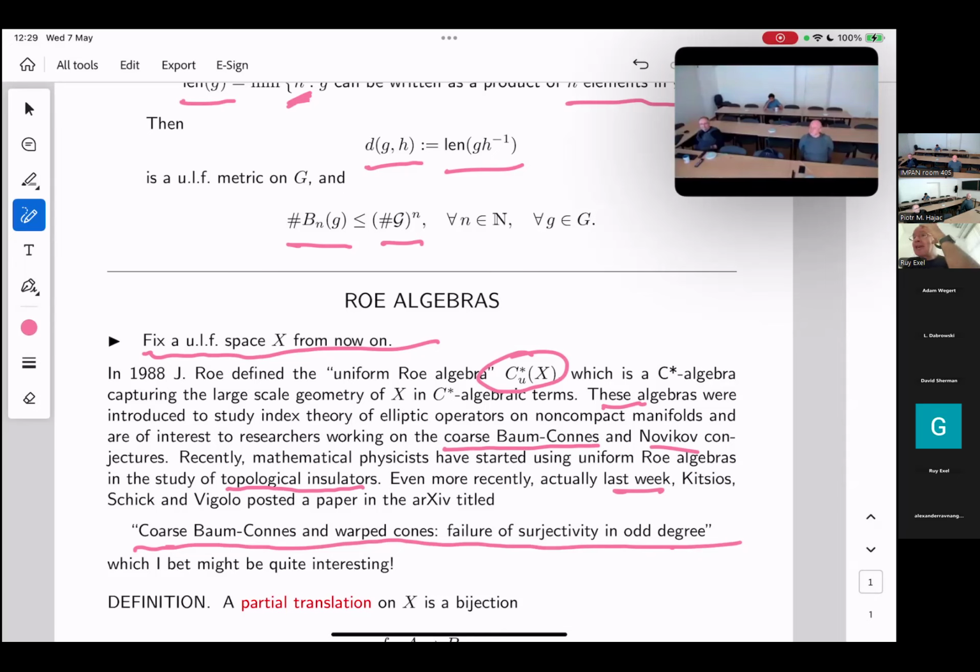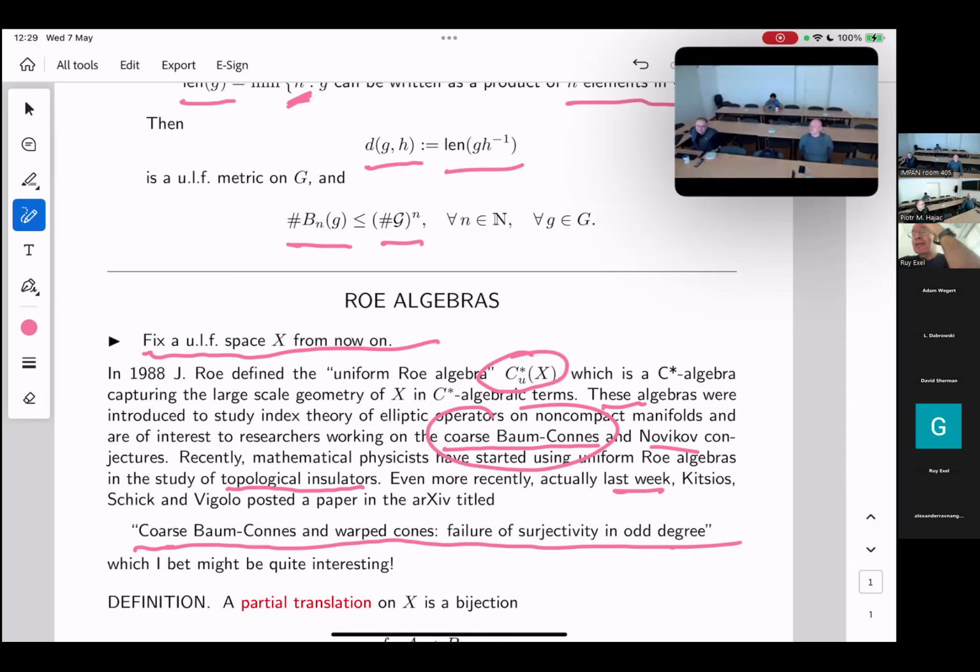I haven't really dived into this paper, but I suppose it might be very interesting in relation to the Baum-Connes conjecture. Sorry, okay, but what is a warped cone? I believe it's an example of a coarse space, but as I said, I have not yet read the paper.